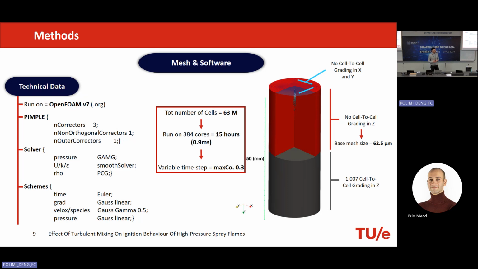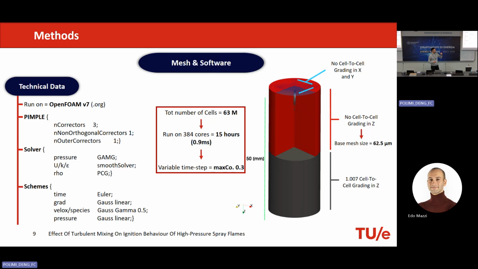The geometry is classical, traditional for this kind of application. It is a cylindrical shaped mesh divided in two parts. The first one, close to the nozzle, is very refined and does not have any grading cell by cell, while the second part has more grading.